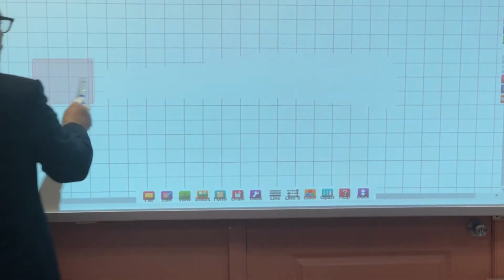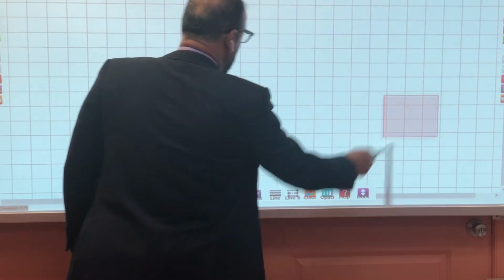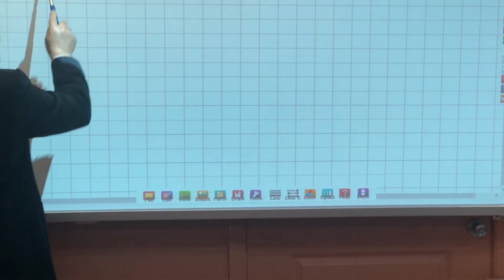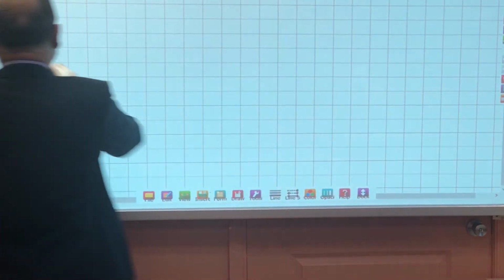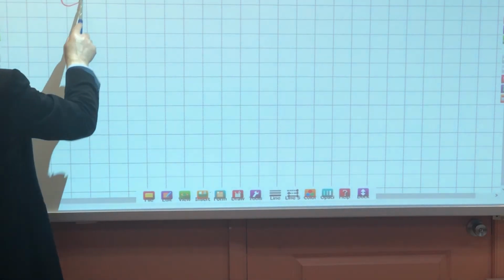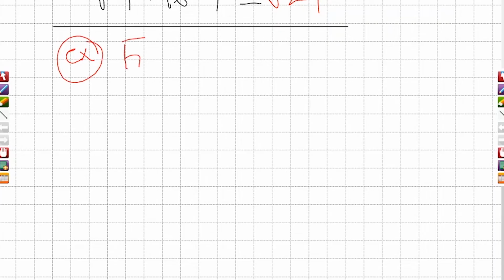I'm going to give you some fractions. Remember some of the SAT problems have fractions, right? For this example, what do we have to find? Center and radius. I'm going to time you, but you have to be nice and neat in solving.